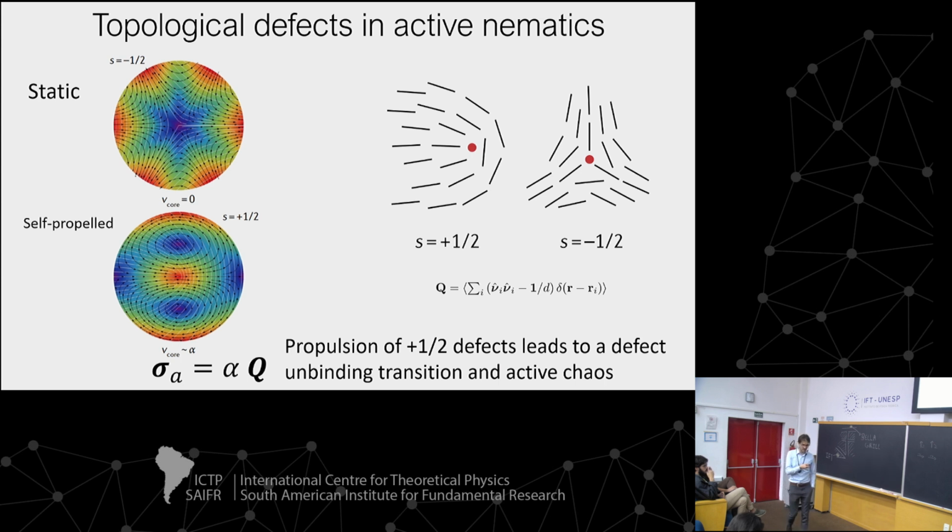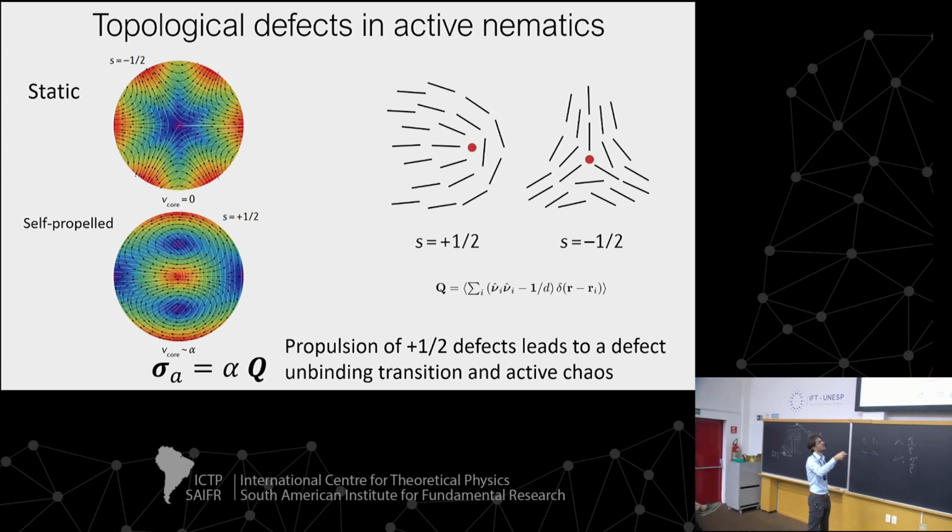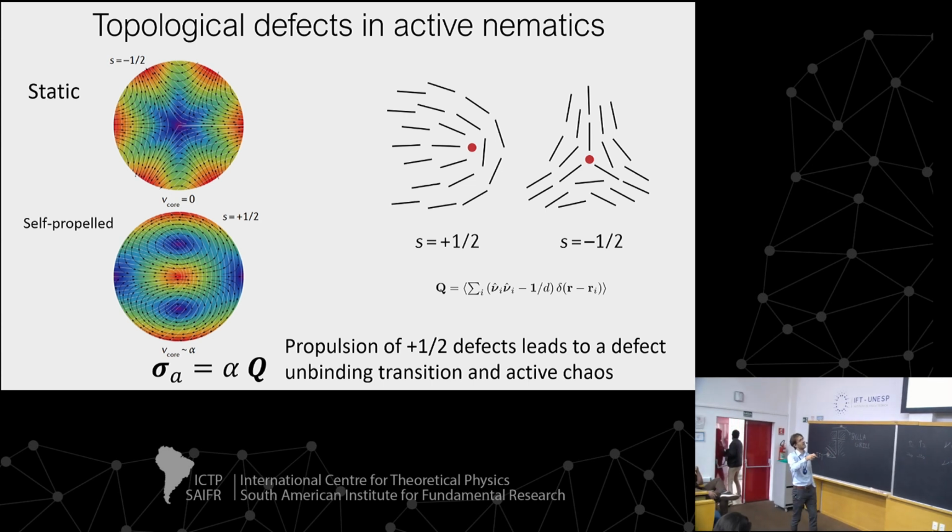The reason, which is easy to see heuristically, is that this particular type of defect, this charge +1/2 defect, has a certain arrow to it, right? It's different going this way than going this way, and it will generally propel along this axis. In fact, it's the sign of this active stress that I introduced yesterday that will determine which direction it propels in. This -1/2 defect, interestingly, doesn't propel at all.